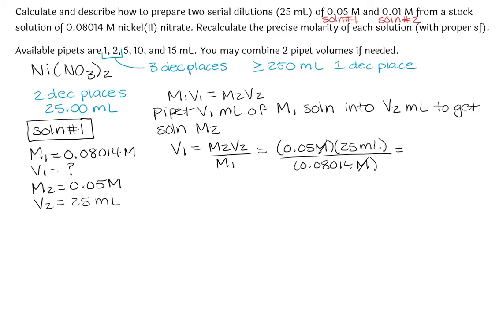Doing the calculation, we have 0.05 times 25 divided by 0.08014, and we get, rounded to 2 decimal places just for right now, 15.60 milliliters. Now we don't have a pipette that has a fractional volume. So we go to our list of available pipettes and we see that we have a 15 ml pipette. So that's what we're going to use.